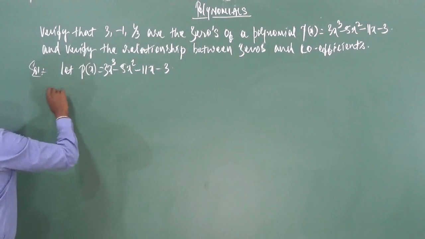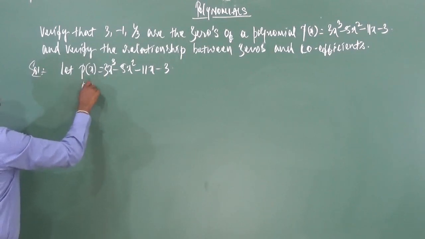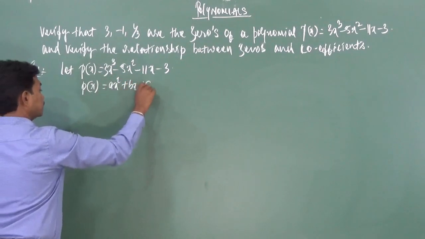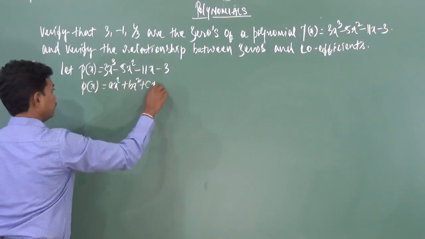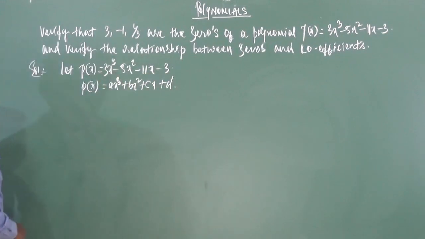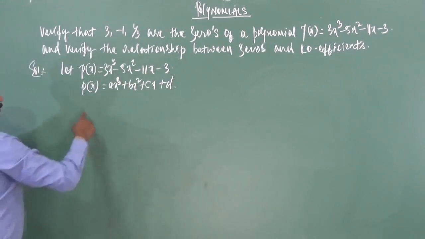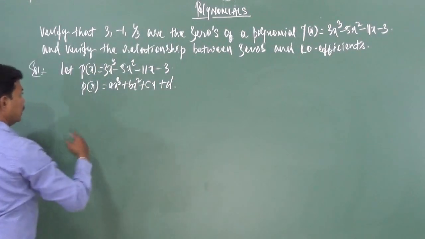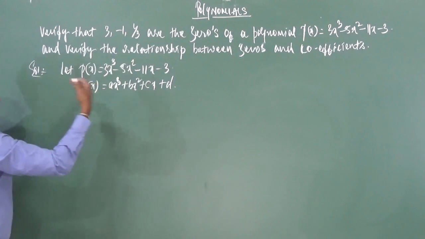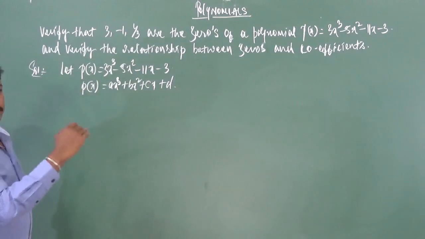Let us compare with the standard form. Therefore ax cube plus bx square plus cx plus d is the standard form of a cubic polynomial. Comparing the given polynomial with the standard form, write down the values of a, b, c and d.